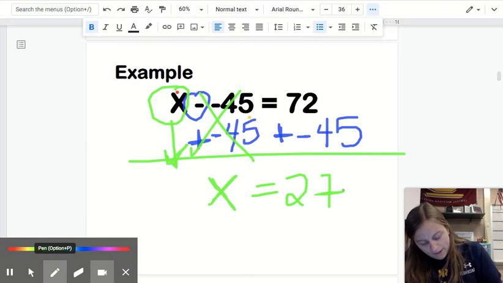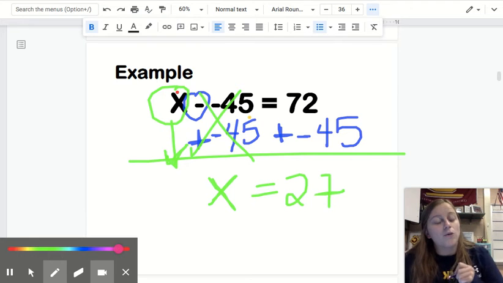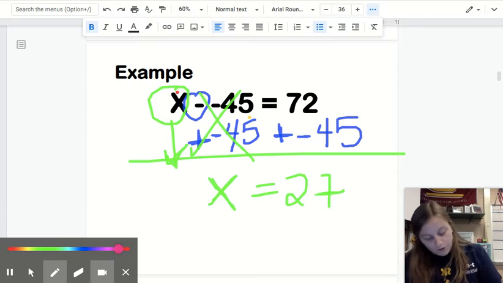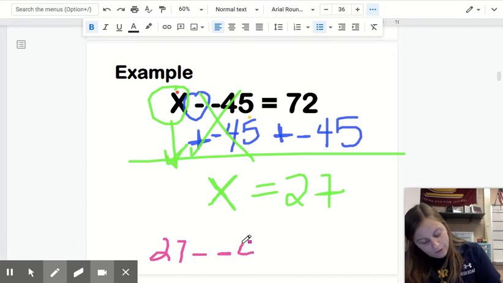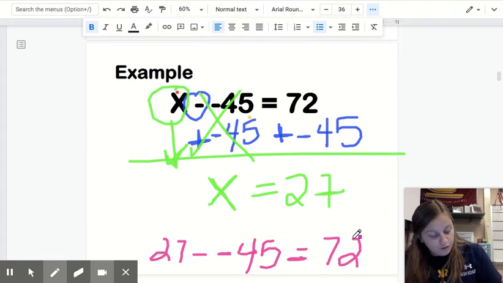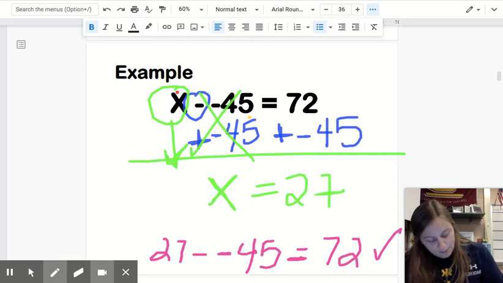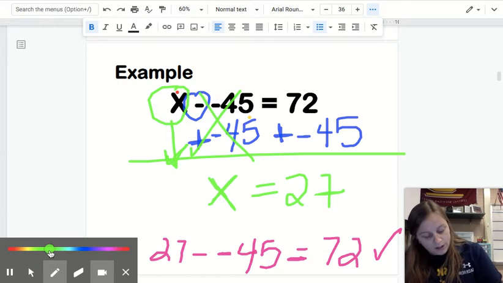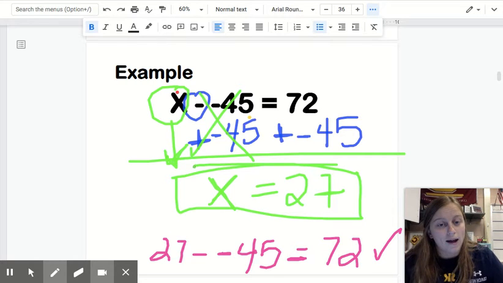And we can check that final answer by substituting back in to my original equation. So instead of x minus negative 45, we can say 27 minus negative 45. Does that equal 72? Well, I can type it back in. It does. I did my question correct. So my answer, x equals 27, is correct.